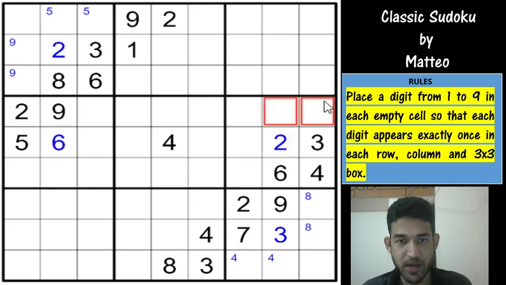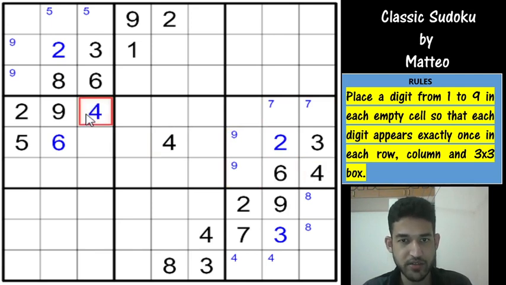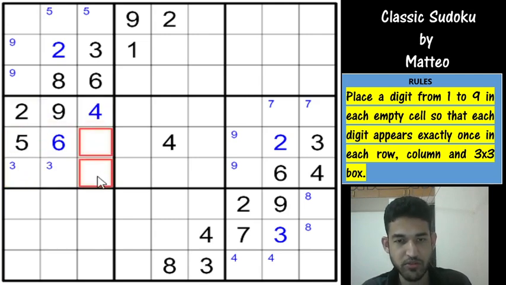And which means I can mark the 7 in one of these cells and a 9 in one of these cells. 4 is in row 5 and row 6, that gives a 4 here. And which means that 3 must go in one of these cells because 3 can't be here. So in these cells, 2, 4, 9, 3, 5, 6 are ruled out. So these would be 1, 7 and 8.